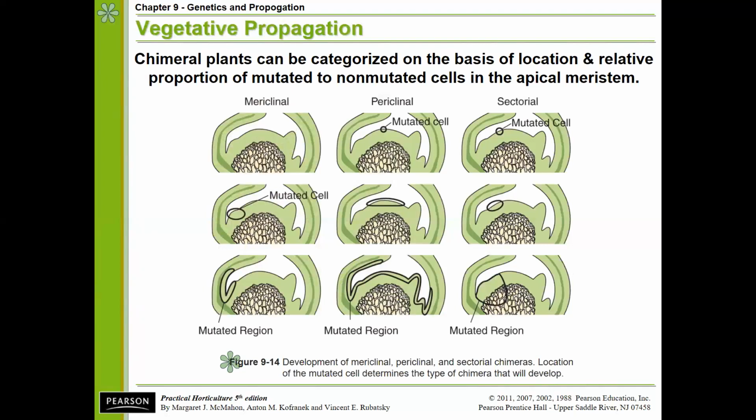And as you can see here, the periclinal kind of occurs up here in the apical dome, if you will, and often that spreads the mutated region throughout the newly growing portions of the plant. Sectorial and mericlinal areas are not in that apical dome, and therefore they only tend to occur in a very small portion and are more difficult to propagate.